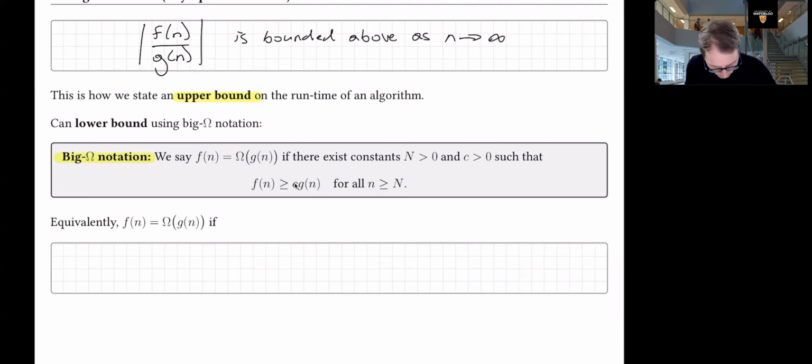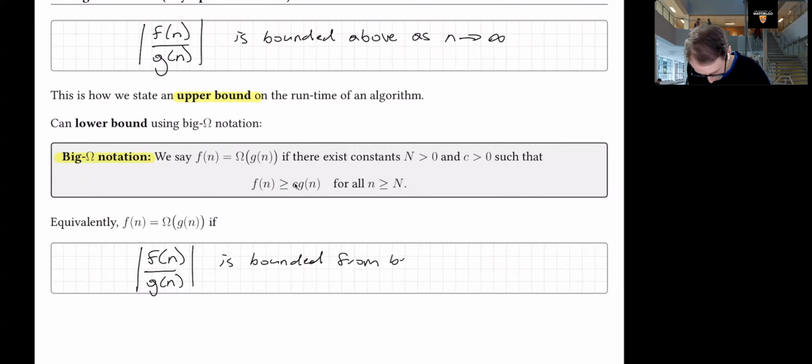And so an equivalent definition is that this ratio of f over g is bounded from below as n goes to infinity. Right? The numerator is growing at least as fast as the denominator.